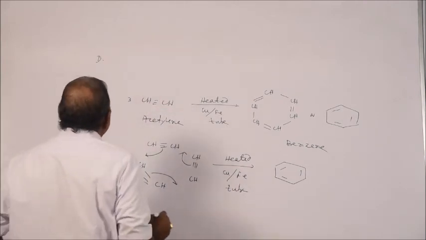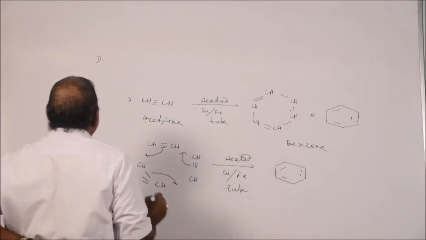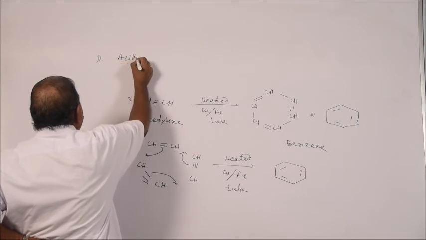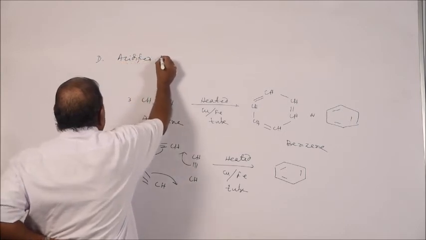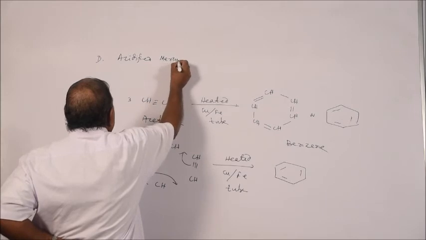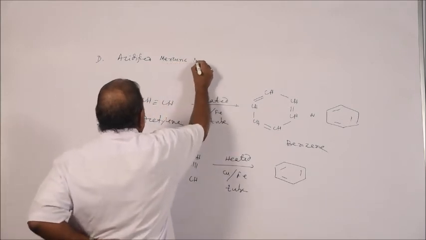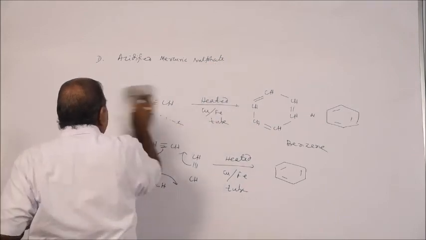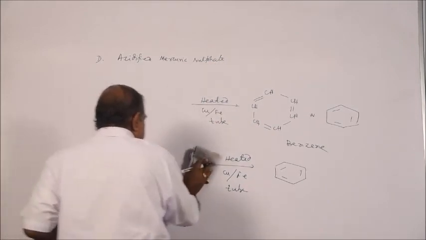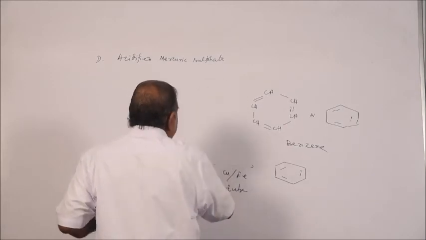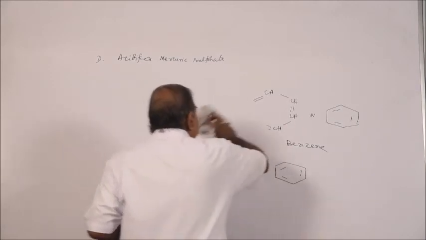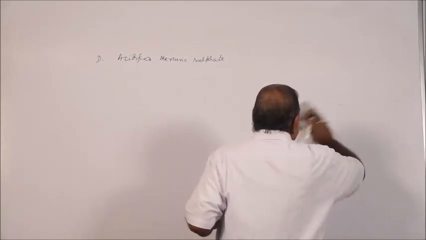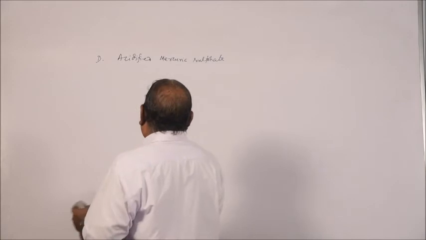One reaction which is not given by alkenes but given by alkynes is when treated with acidified mercuric sulfate. Now, when acetylene is treated with acidified mercuric sulfate, it gives an aldehyde, but the rest of the alkynes give ketones.